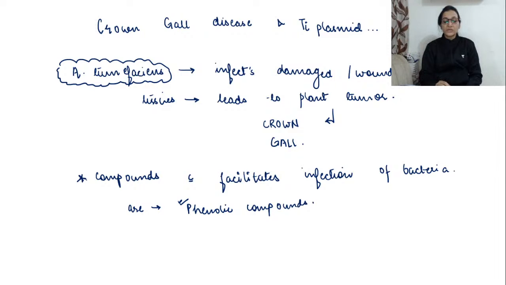Crown gall formation occurs when the bacterium releases the Ti plasmid into the plant cell cytoplasm. For example, if there is a branch with a cut, there will be a release of phenolic compounds. These phenolic compounds help the bacteria enter the plant, and when it enters, it inserts its Ti plasmid into the plant cytoplasm, and then the infection occurs.